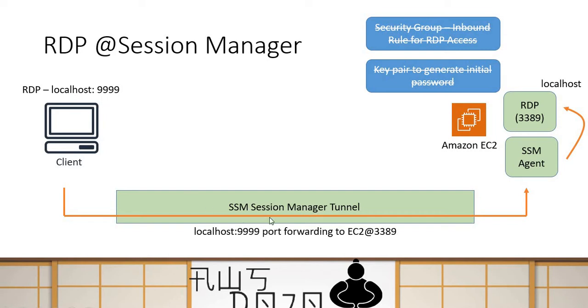Then SSM is using the port forwarding method to forward localhost 9999 to EC2 at 3389. And then the Systems Manager agent installed on the EC2 instance will use this port forwarding to forward the request to RDP 3389. You can see that this is also localhost, this is also localhost, but the client gets access to this EC2 instance through this port forwarding on RDP.